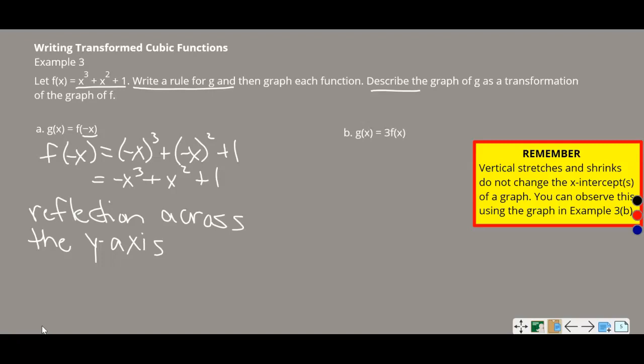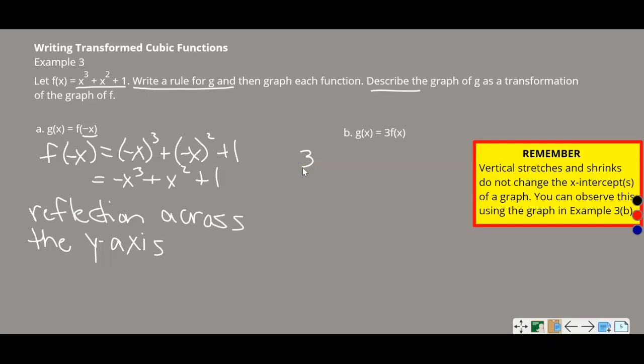Part b says g of x equals 3 times f of x. So we know we're going to have a vertical stretch because the 3 is in front of your f of x. That would be your a value. So we're going to take 3 and multiply it by f of x.